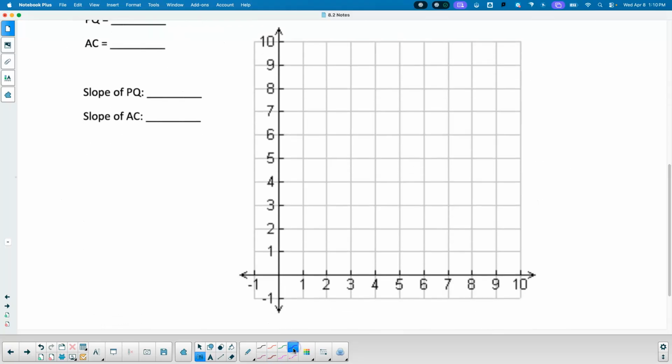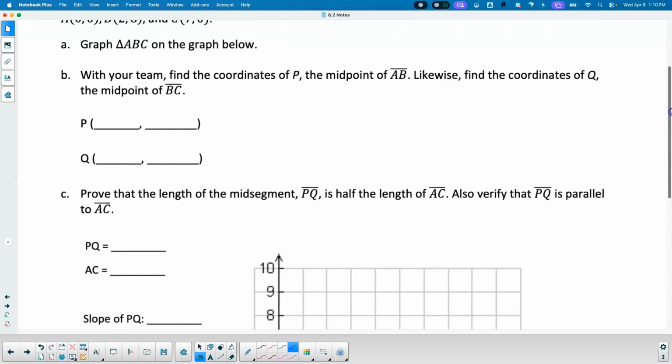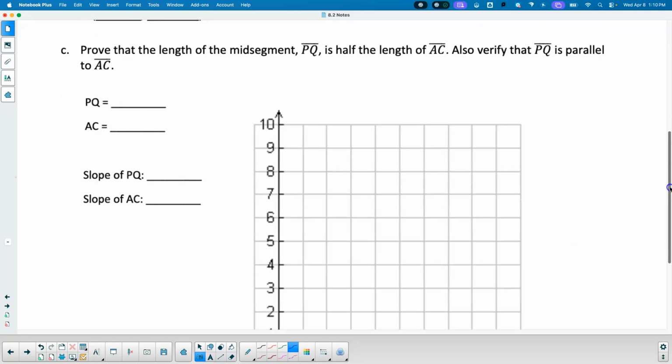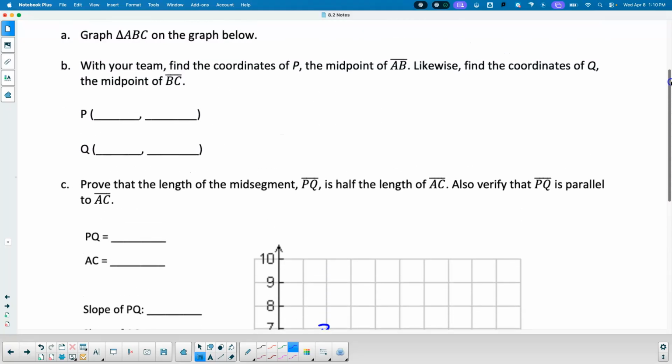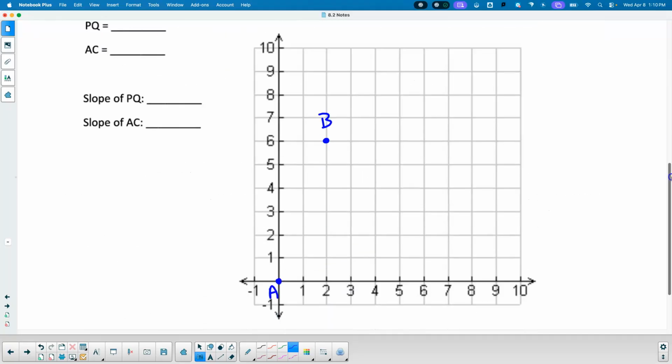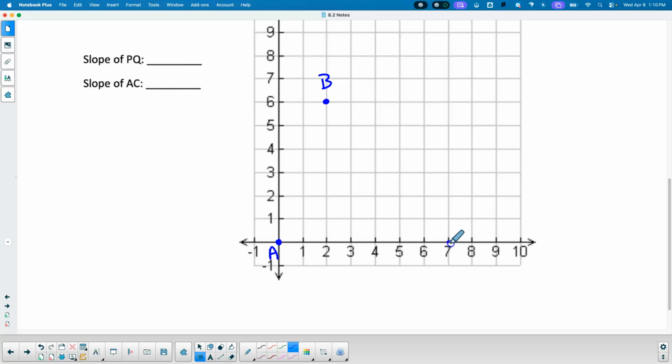Point A is at the origin. Point B is at 2, 6. And point C is at 7, 0.